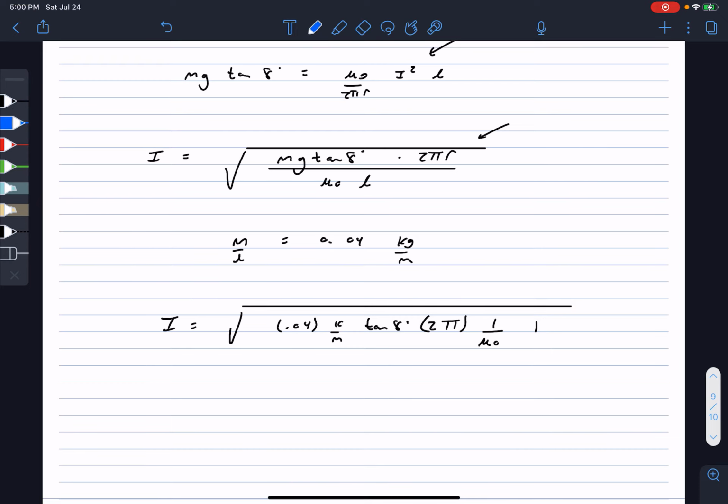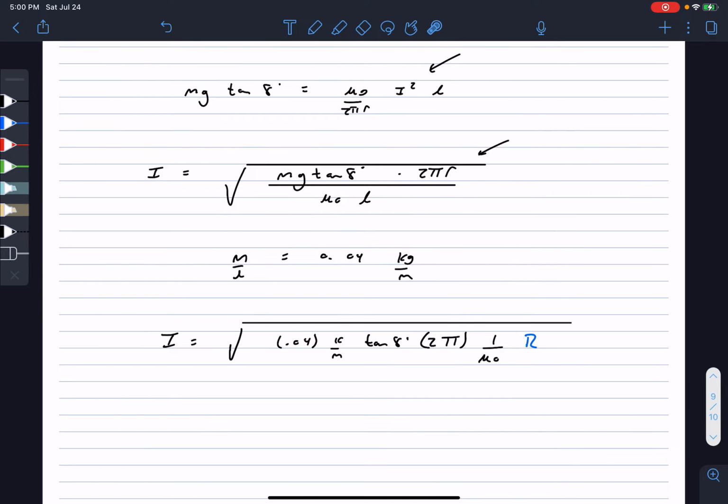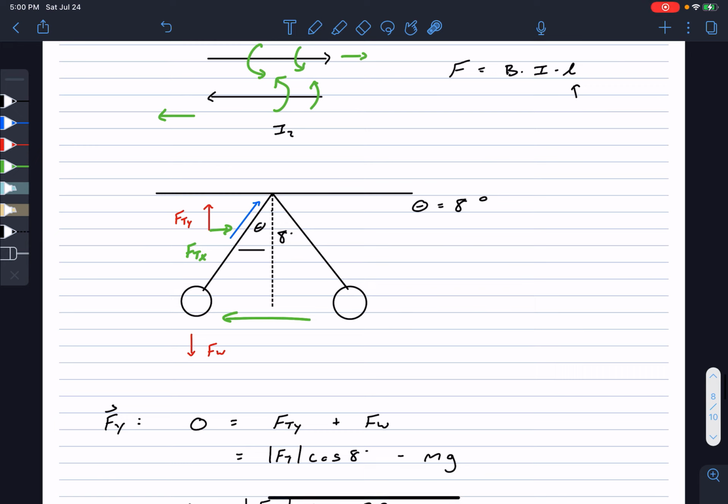What is R? R is the separation distance between the two interacting current carrying wires, right? And if we look at our force diagram, we really just need to figure out what is this distance and what is this distance, because this is going to be R. Okay, well, we were told in the beginning that we were given a value for this length.